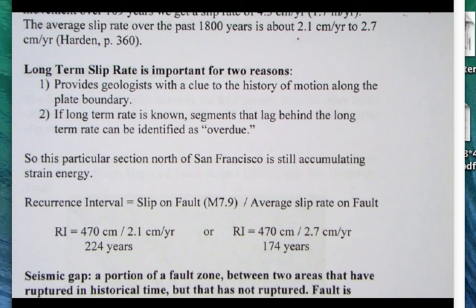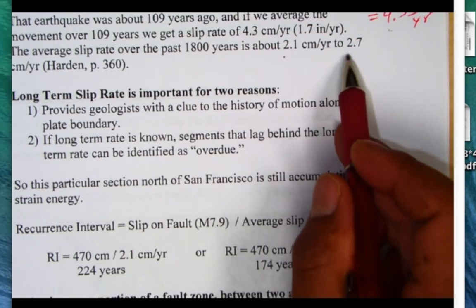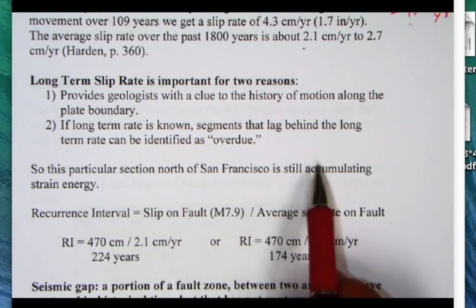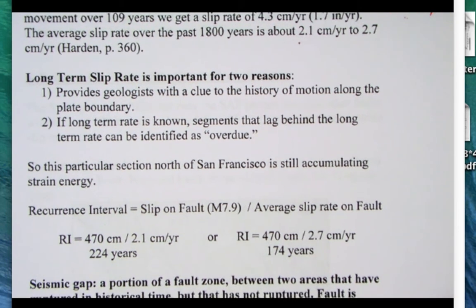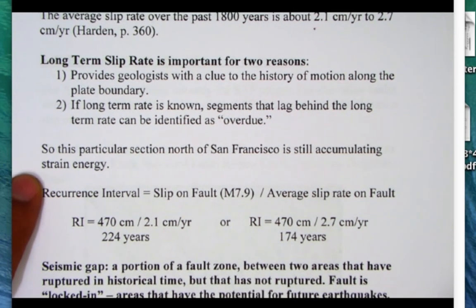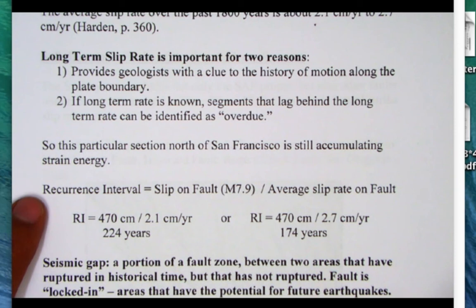Then the other one that's important, if we can figure out the long-term slip rate, like we've done here, we figured out it to be 2.1 to 2.7 centimeters a year, then we can find segments that lag behind that long-term slip rate, and those are the locked segments that are overdue. So this particular section of the San Andreas Fault is still accumulating strain. So that's the one up by Point Reyes Peninsula, where the 1906 earthquake epicenter occurred.